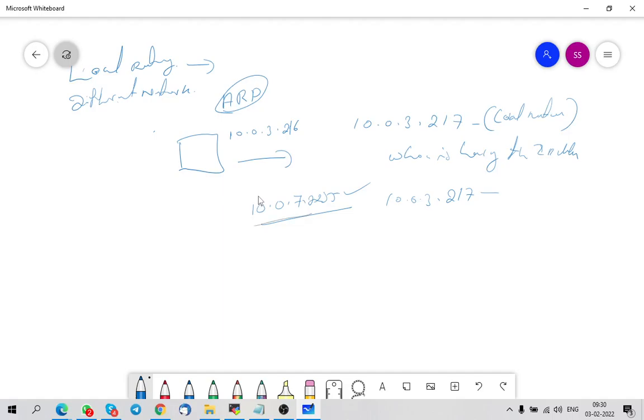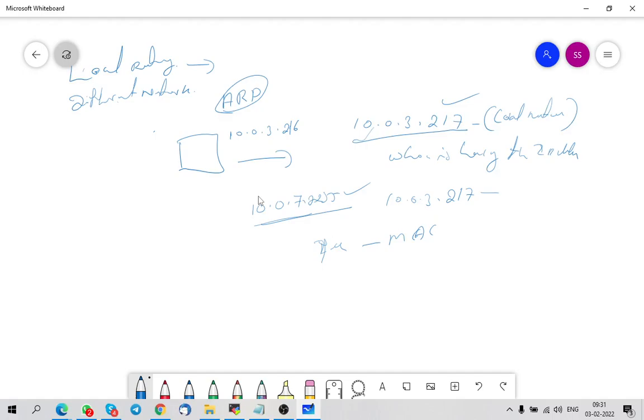Then the host which has this IP address will respond back saying, yes, I have this IP address, and this is my MAC address. I think most of us know what a MAC address is. A MAC address is the hardware address of the connected network device. It is a unique address. That address will be shared with the originating host.